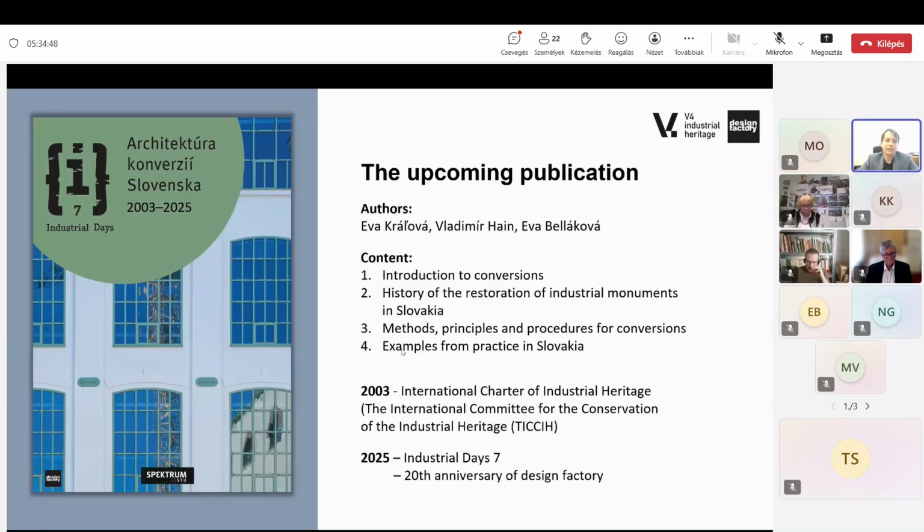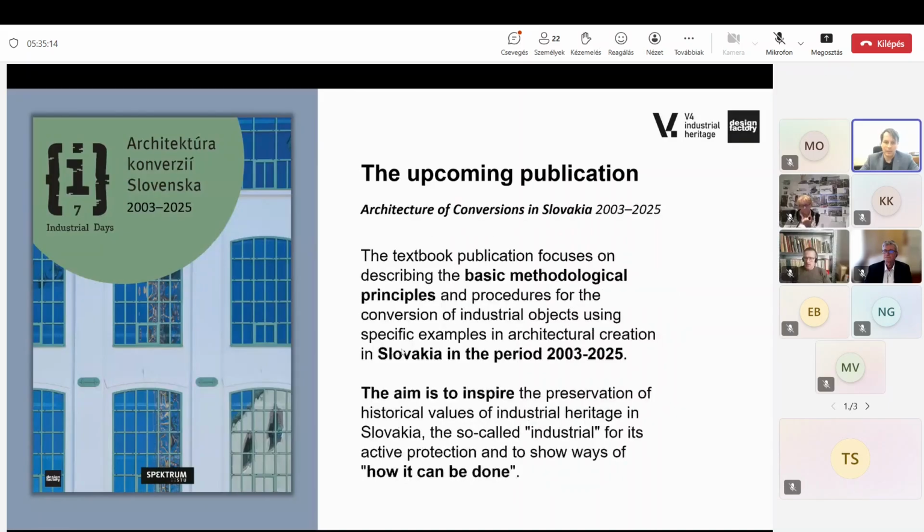So there will be an introduction to conversions, the history of reconstruction of industrial monuments, methods and principles for conversions, and mainly examples from Slovakia in practice, around 40 good examples since those times, which people can go and visit.